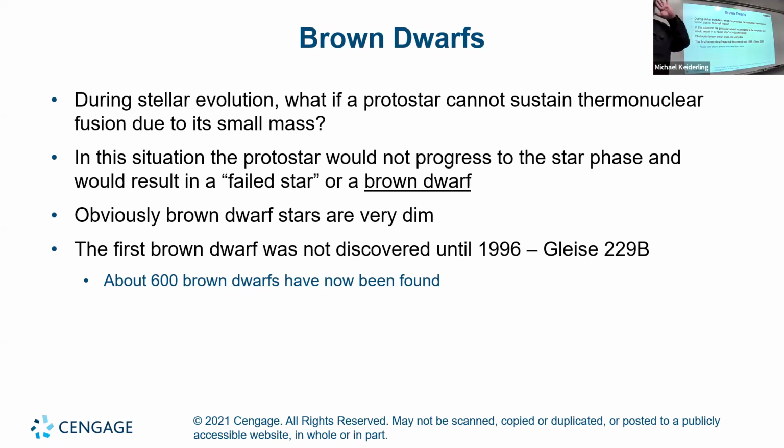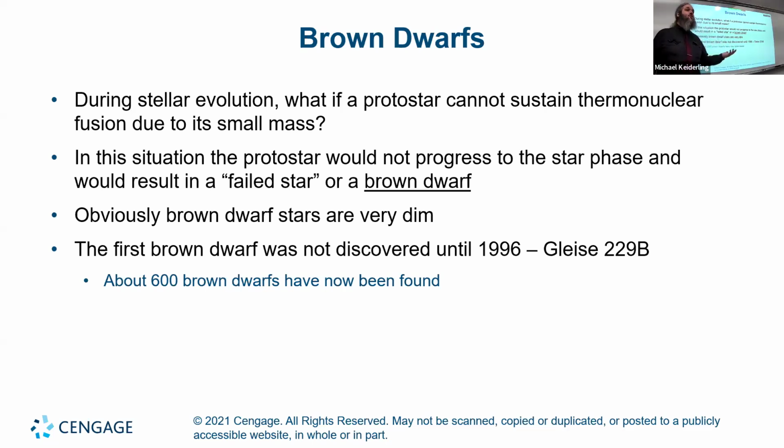It's incredibly dense. But you can also have what are called brown dwarfs. Brown dwarfs are what happens if the starting material to form a star just isn't quite big enough. What if the protostar never gets hot enough to sustain nuclear fusion because it's too small? In this situation, a protostar doesn't progress to the star phase.